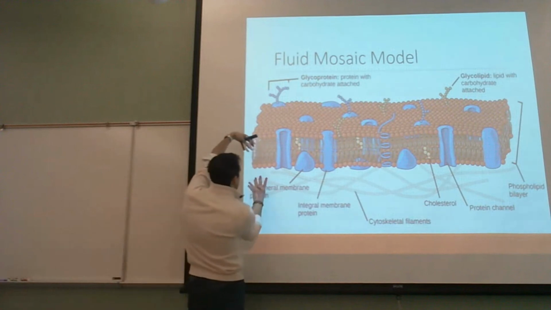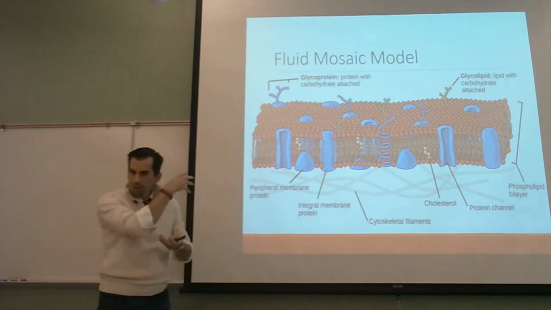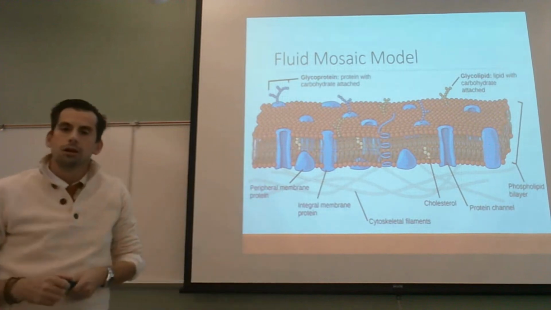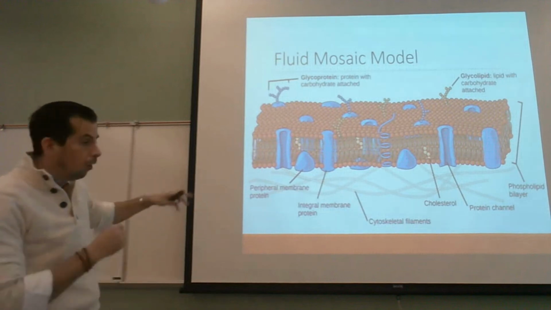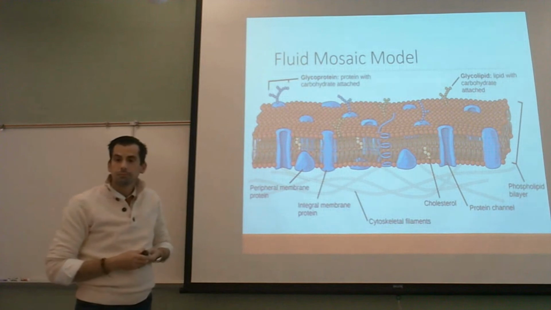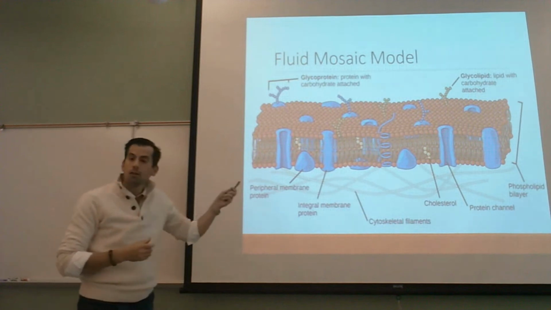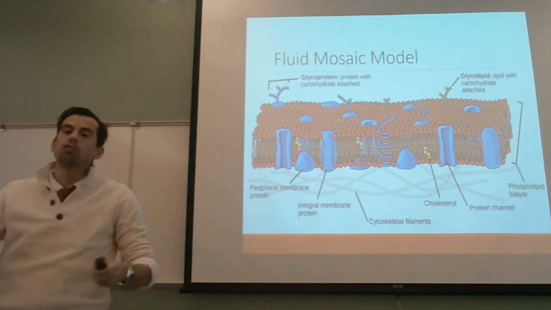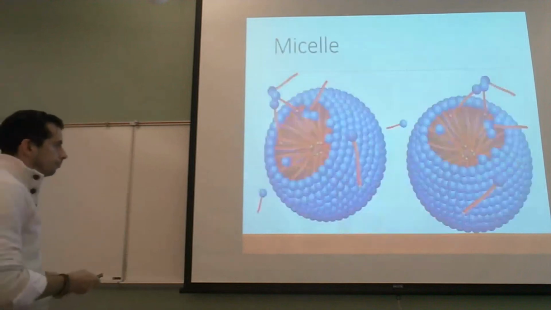And we point the fatty acid tails internally like the meat of the sandwich. And once in there, just like our micelle, we can avoid them ever being in contact with the watery environment.